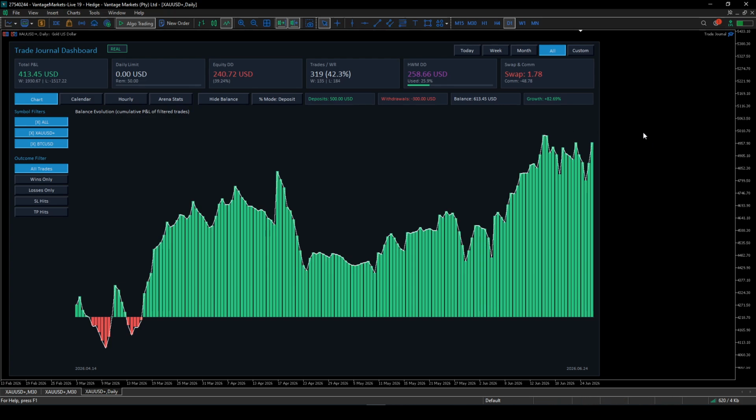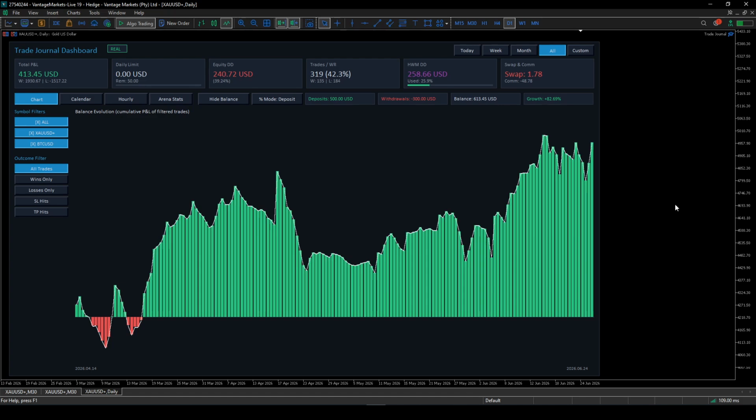It's a fully automated trading journal that runs directly inside MetaTrader 5. No more spreadsheets, no manual data entry, no third-party websites. Everything you need to understand your own performance is right here on your chart, updated in real time.